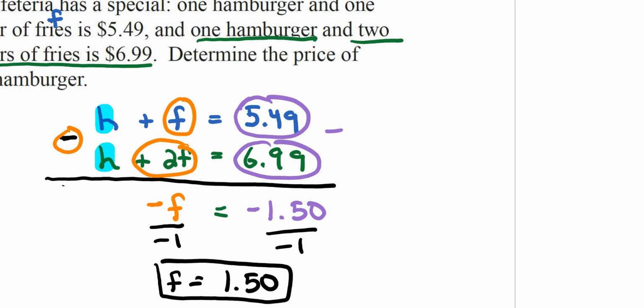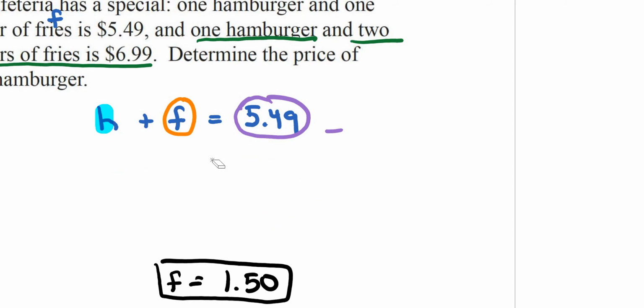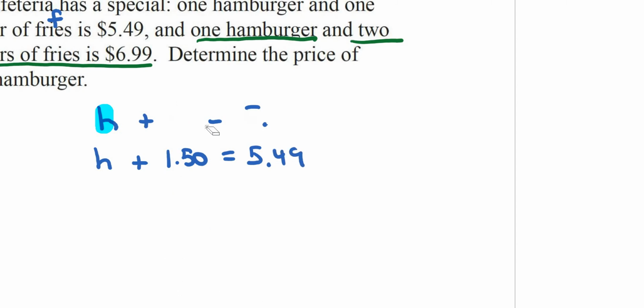Now we've got to find out how much the hamburger costs. Let's go back to our first equation. We always want to use the easiest equation. I know our order of fries is $1.50, so let's recopy the first equation and move the $1.50 over.